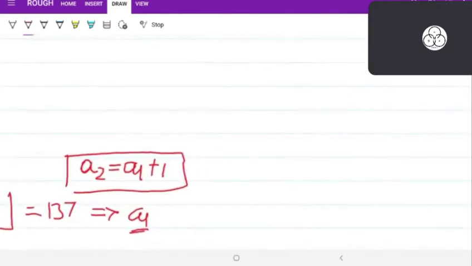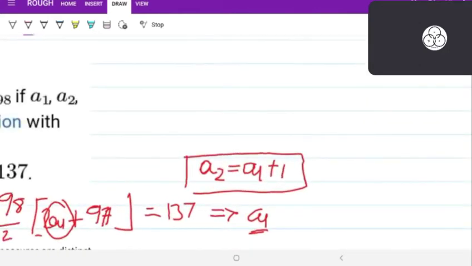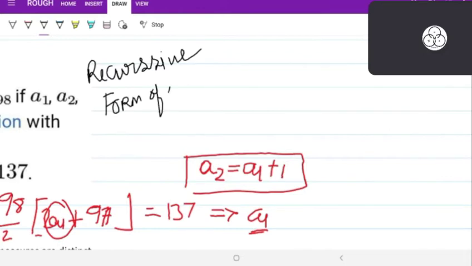Okay. Before that, let me discuss a very important thing. Just this format gives me the idea. That is the recursive form of AP. What is recursion? A lot of us know what recursion is, and the first important thing that recursion reminds me of is that recursion is out of syllabus.